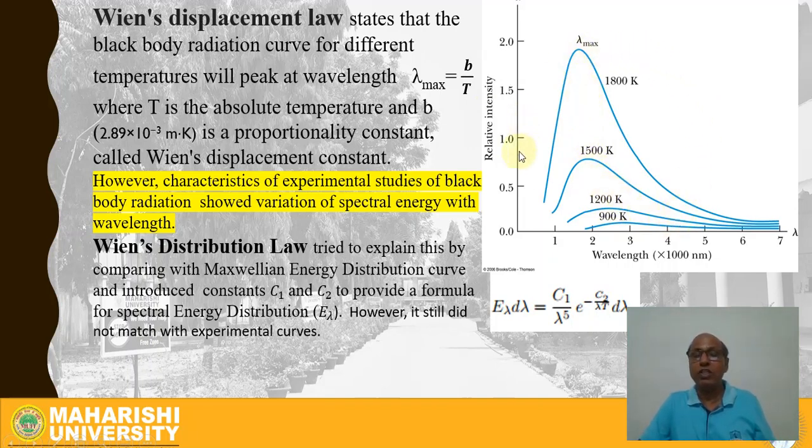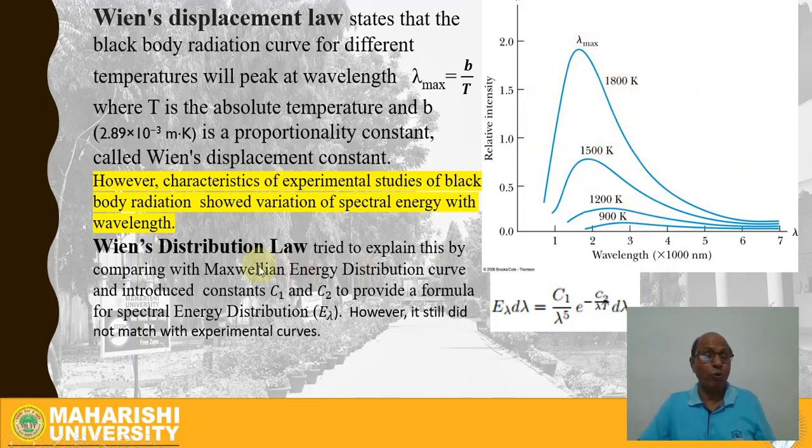But what about the distribution of the spectral characteristics of the radiation? So Wien tried to explain the distribution of the spectrum of these experimental curves, but he could not explain it very nicely.